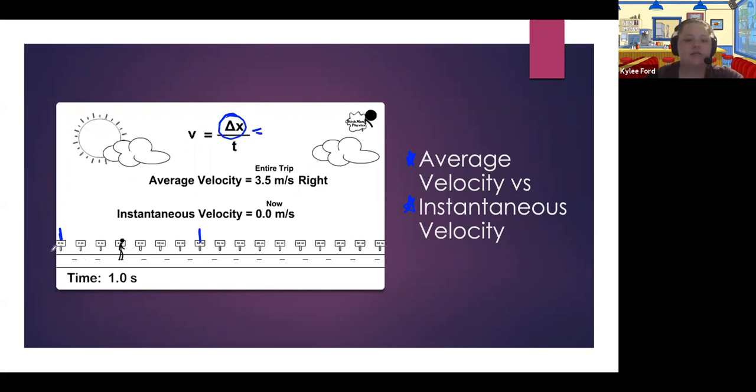Our displacement is 0 to 14, so that would be 14 meters, and our time was 3 seconds. So if we get out our calculators, 14 divided by 3.